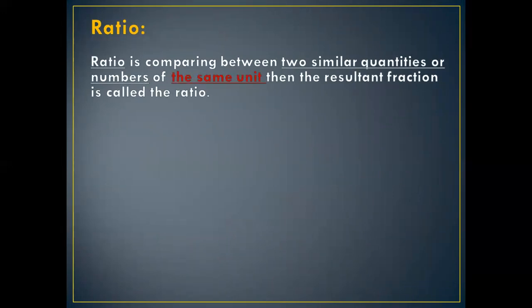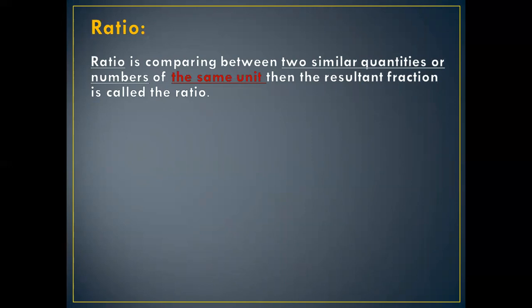So be careful, we will make a comparing. We have two numbers or two quantities, we will make a comparison between them. And it must be the same unit. For example, I will make a comparing between two numbers. For example, we have 3 kilograms and 5 kilograms.